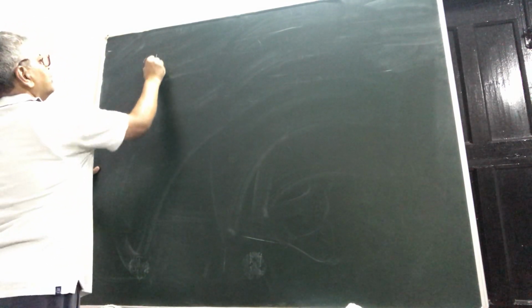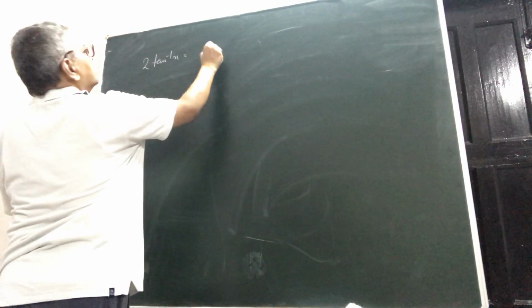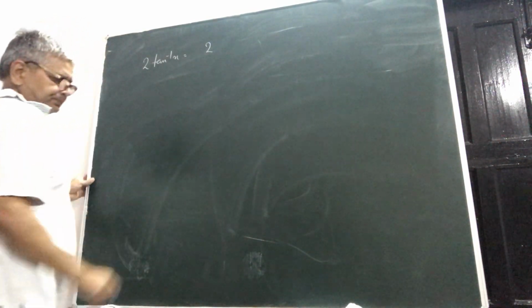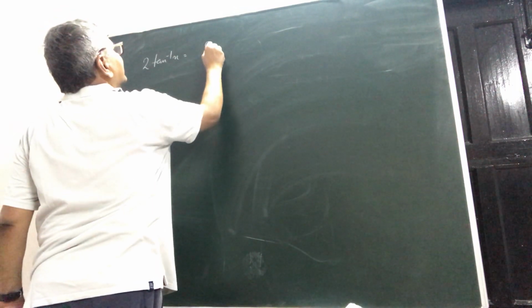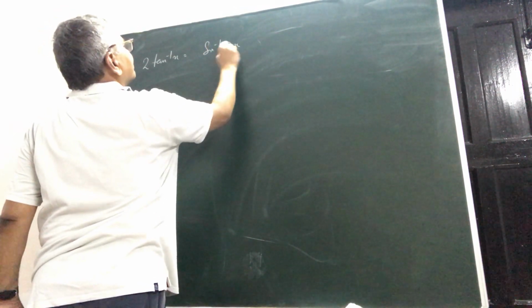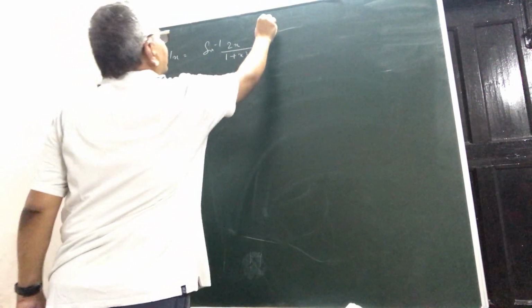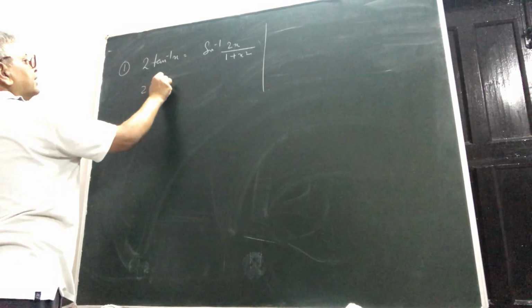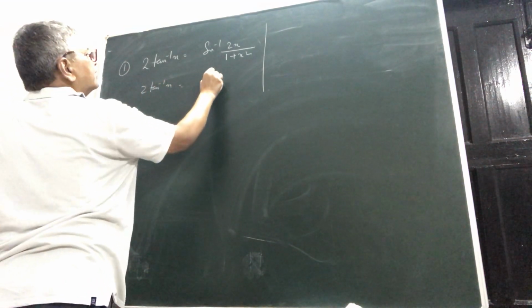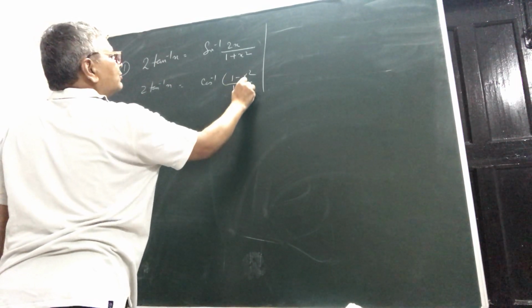See what they are. 2 tan inverse x is equal to sine inverse of 2x upon 1 plus x square, and the other property is 2 tan inverse x is equal to cos inverse of 1 minus x square upon 1 plus x square.